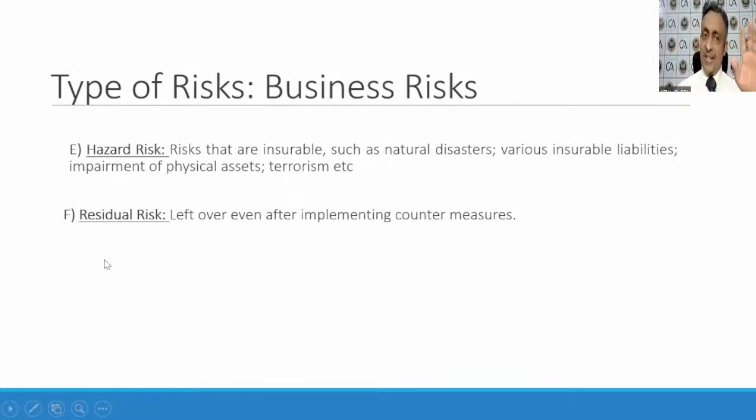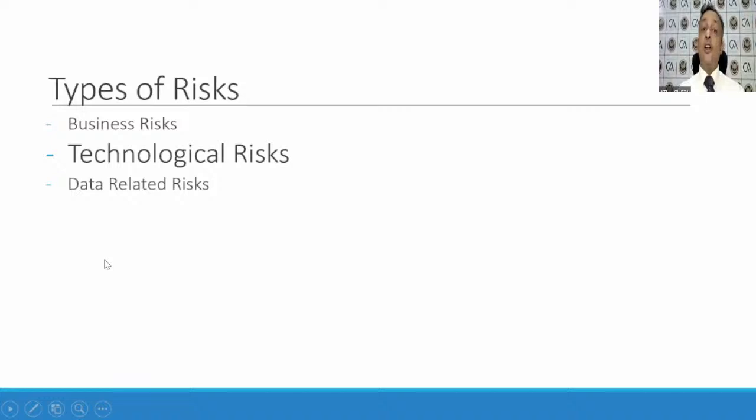So we talked about business risk. Next, technological risk. I've been telling you that new technologies like mobile banking have their own risk. In fact, before we go ahead, because M-commerce is part of your discussion in chapter 4, I always feel afraid. The one thing that takes my heart away is the thought that I lose my mobile in a theft.